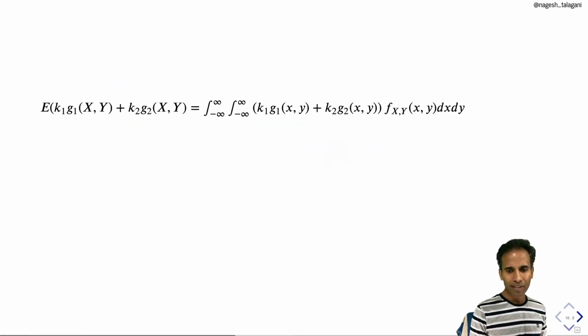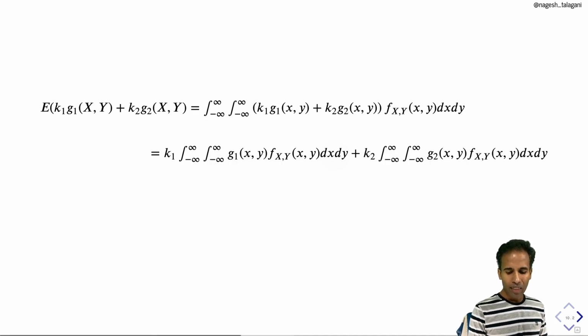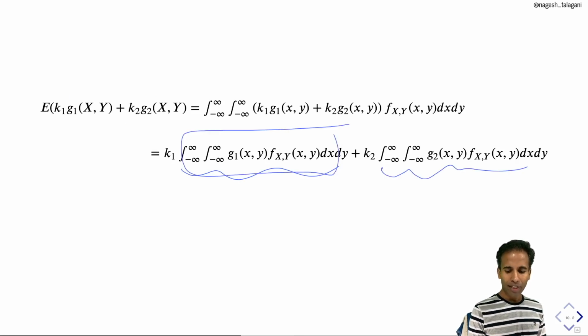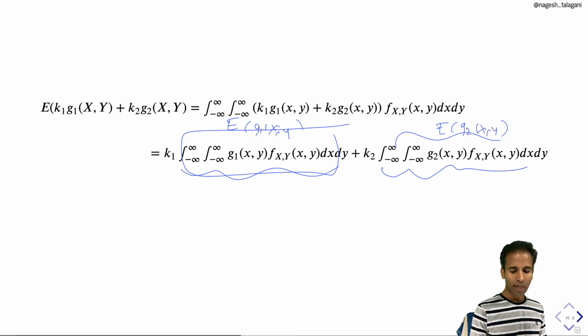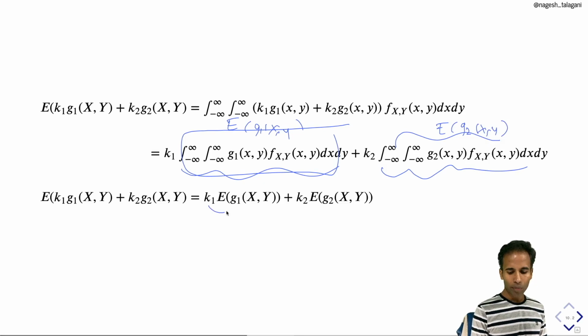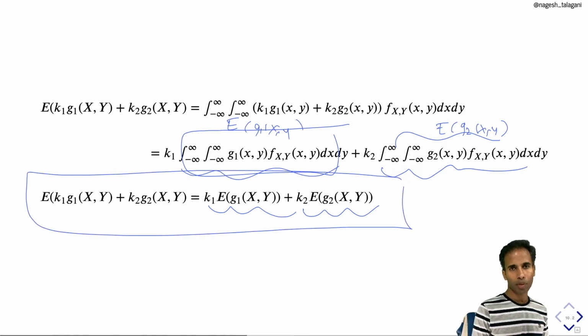Now this right hand side, using the linear property of integral, we can write k1 times this double integral plus k2 times this double integral, and this is exactly expectation of g1(X,Y), and this is exactly expectation of g2(X,Y). So we can write the right hand side as k1 expectation of g1(X,Y) plus k2 expectation of g2(X,Y). So therefore we have this linear property.